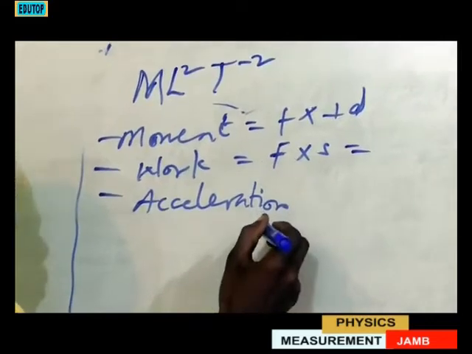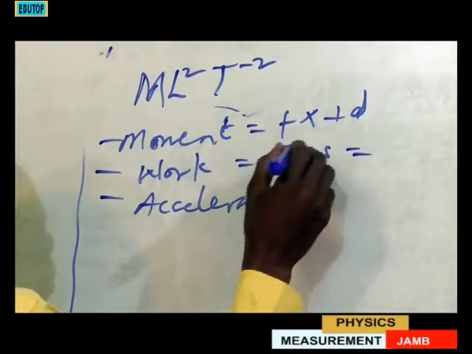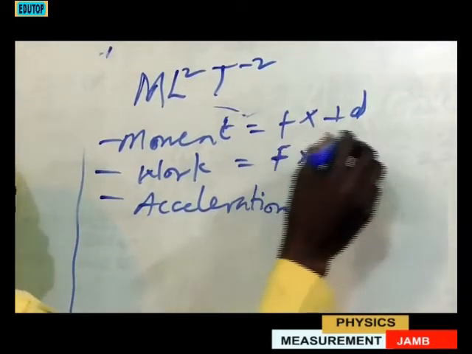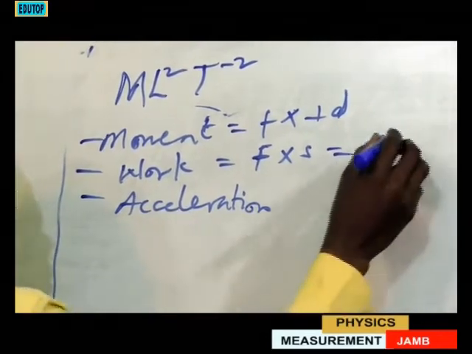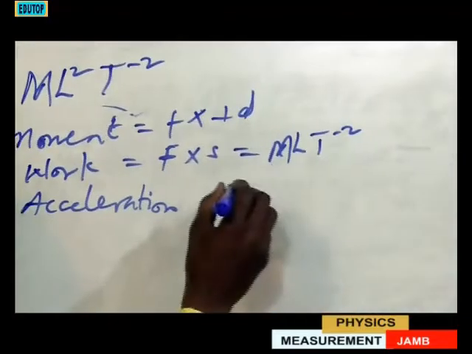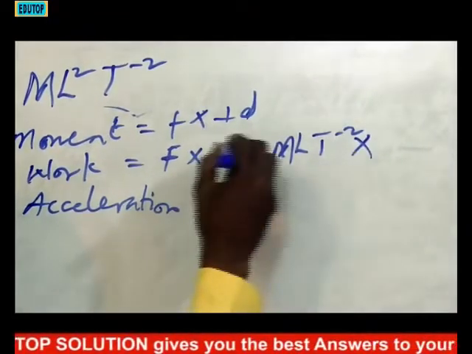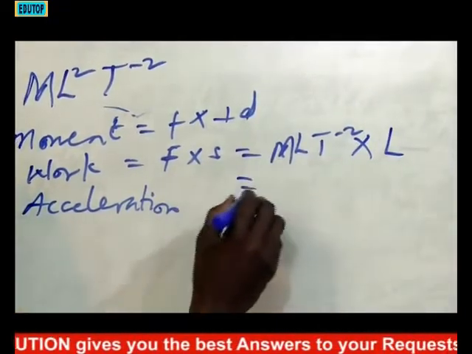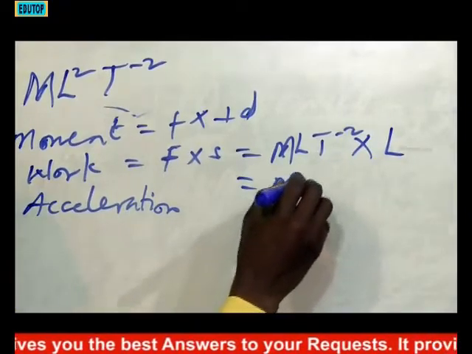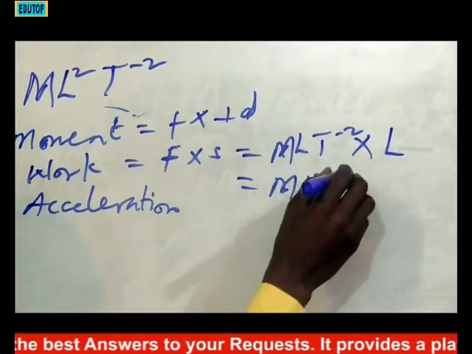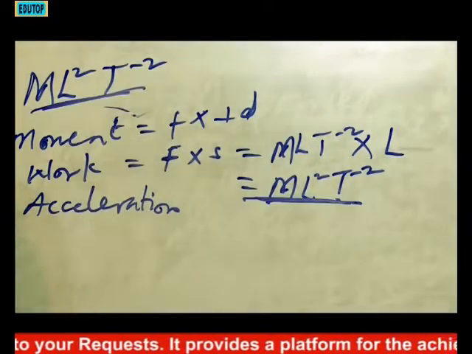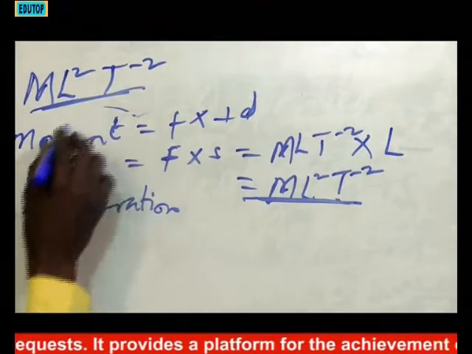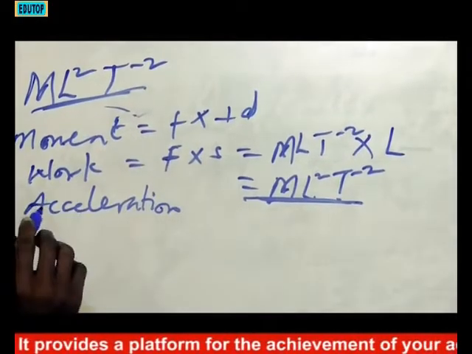For force, the dimension of force will give us M, L, T to the power minus 2, then times distance, which is L. Write it together: M, L squared, T raised to the power minus 2. Can you see now? And I have told you that work and moment, they have the same dimension.